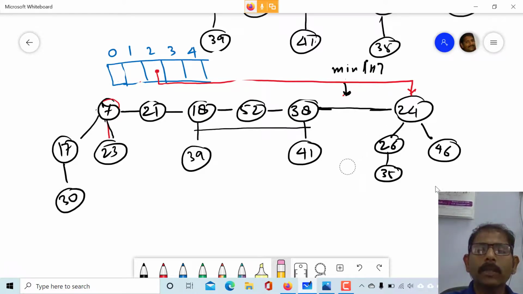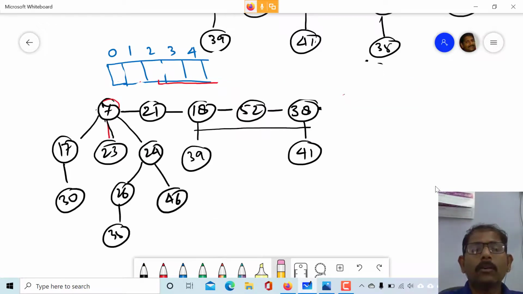Therefore again the same thing will happen, that 24 will come down to 7 here. Now 7 has degree 3 and 3 is free here, therefore 3 will be allotted to 7 now.